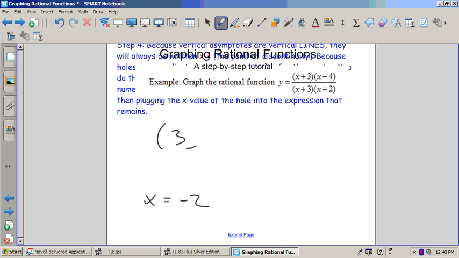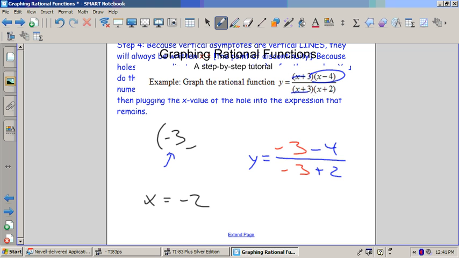Okay. Now, how am I going to figure out what the y value is? What I do with this negative 3 is, first of all, I cross out the two factors that gave me the negative 3. And then I plug in negative 3, because that is the point of discontinuity, into what's remaining in the function. So my y value is going to be equal to negative 3 minus 4 over negative 3 plus 2.